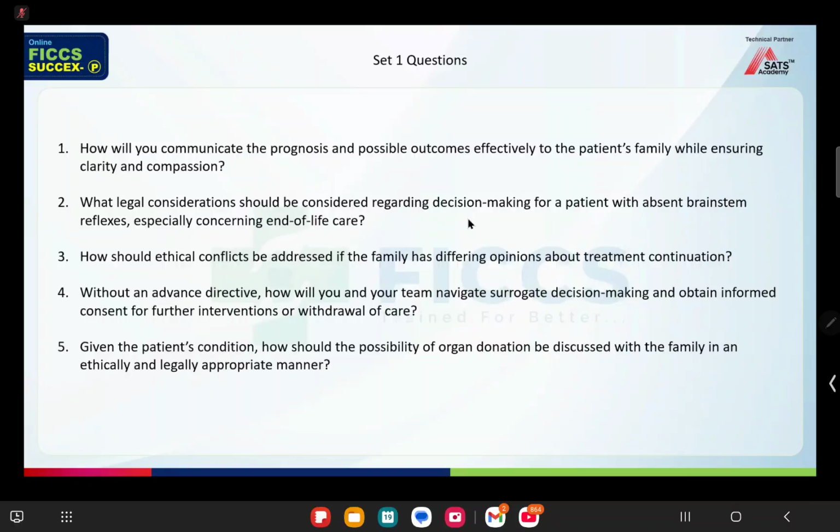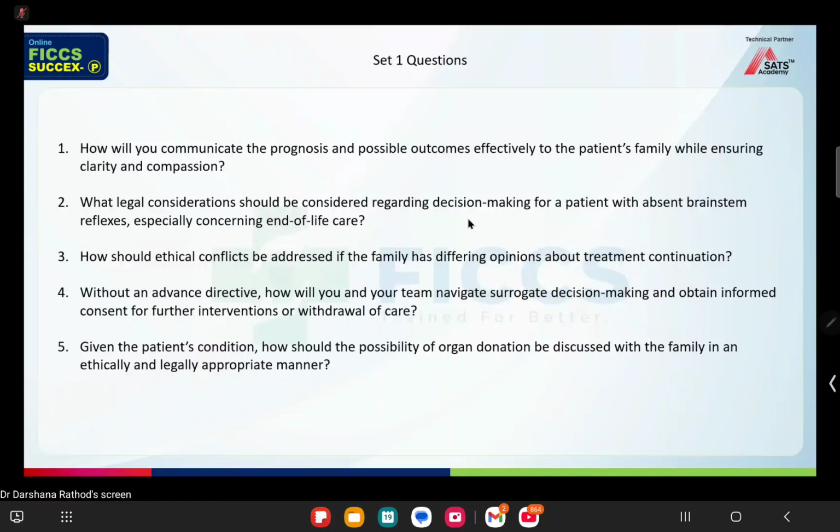Then the second question: what legal considerations should be considered regarding decision making for a patient with absent brainstem reflexes, especially concerning end of life care? So here in legal considerations, first and foremost, there are two things in this, as well as when we are talking about brainstem death testing.